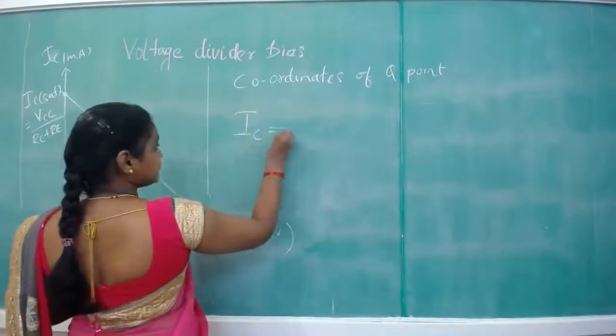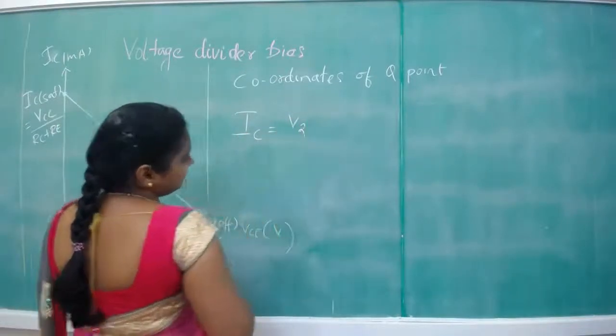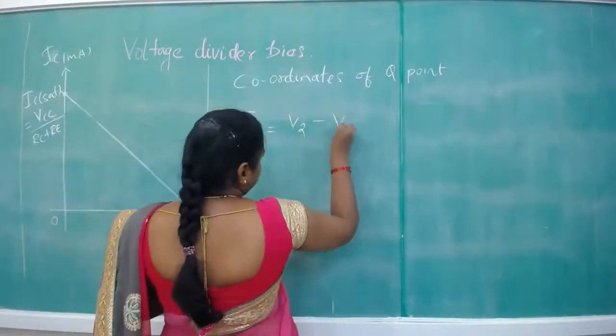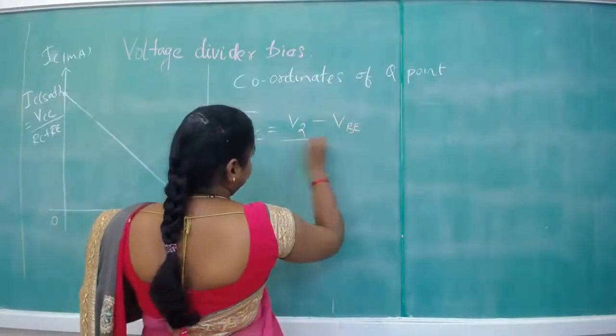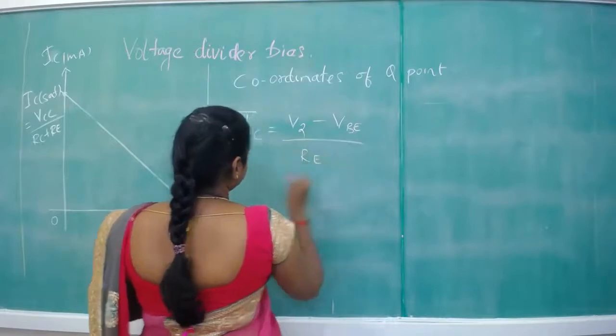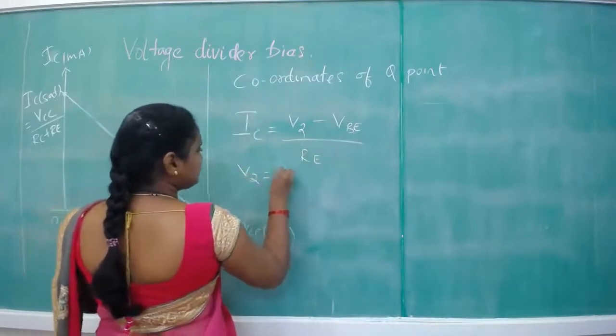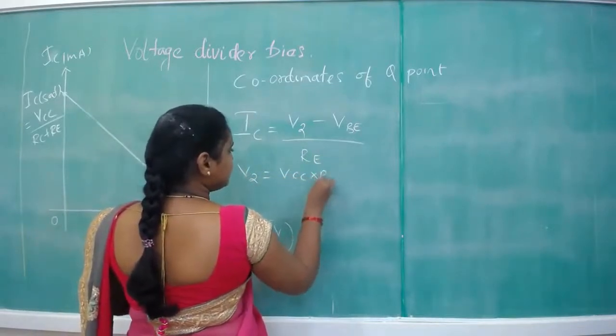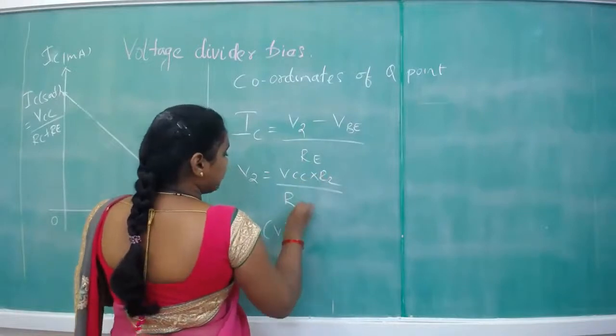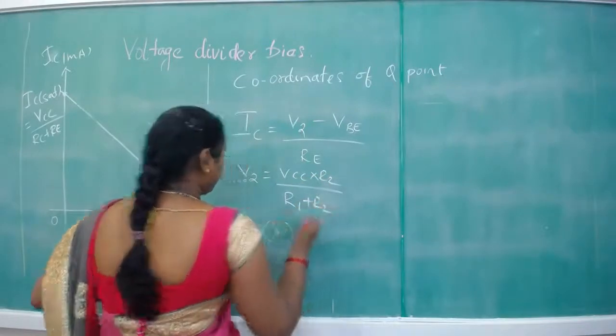We have derived IC is equal to V2 minus VBE by RE, where V2 is equal to VCC into R2 by R1 plus R2, right?